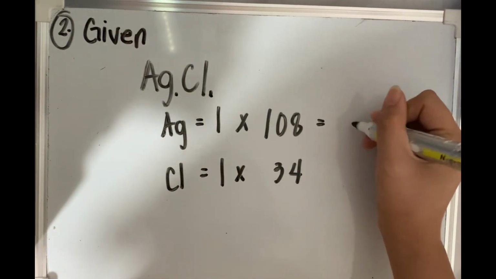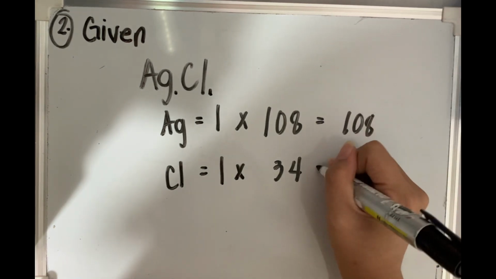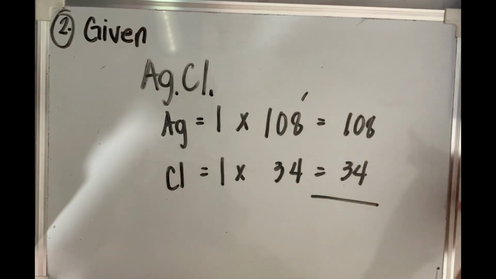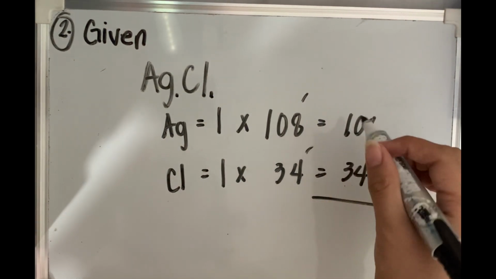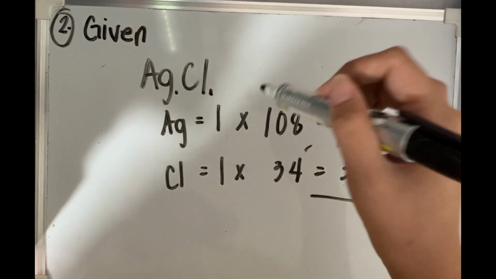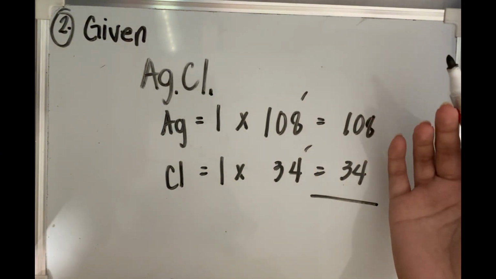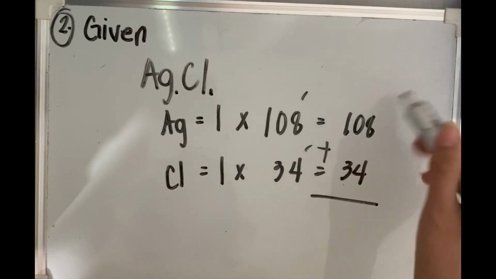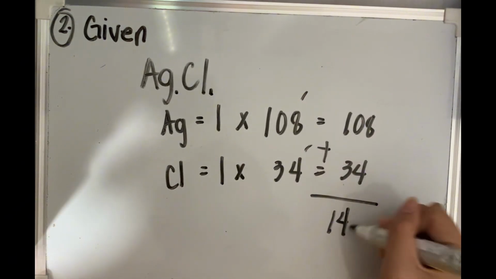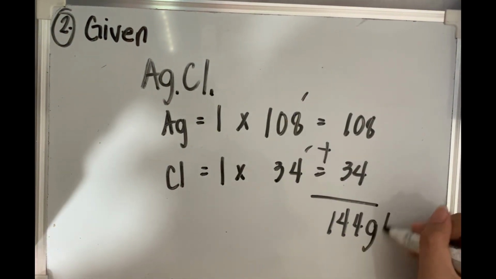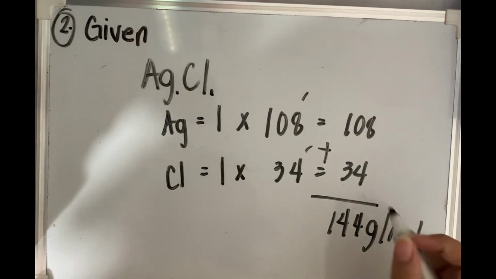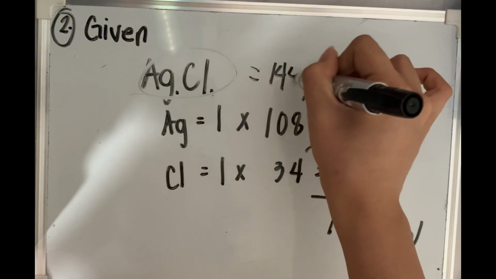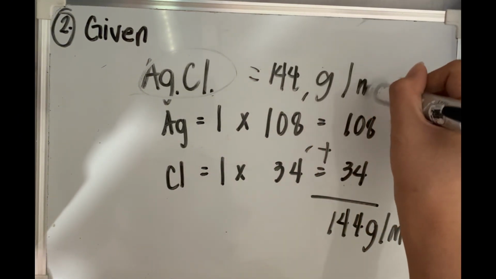We base this on the periodic table, and since the values are decimals, we round them to whole numbers so that we have uniform answers. So, 108 plus 34 equals 144 g/mol. So, AgCl has 144 grams per mole.